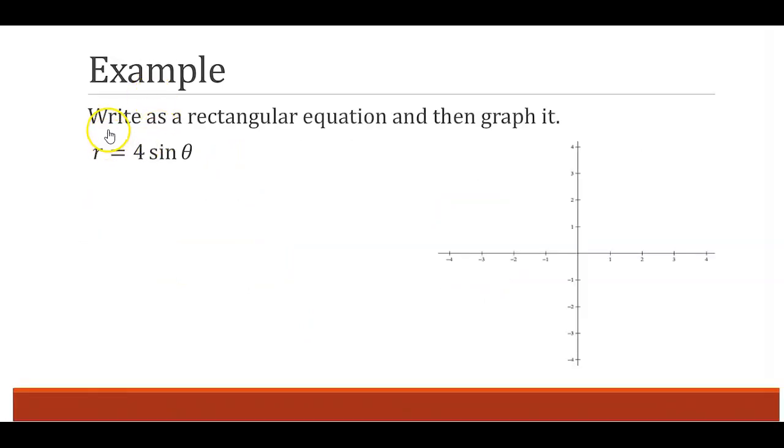In this example, we want to write as a rectangular equation and then graph it. So here we're starting with a polar equation, r equals 4 sine theta. So what we want to do is we want to be able to use our formulas that involve r, theta, x, and y.